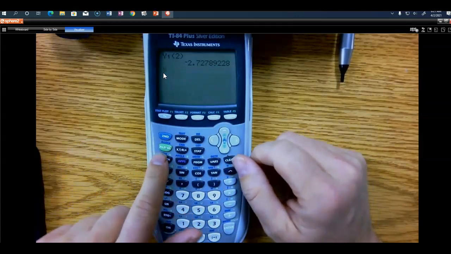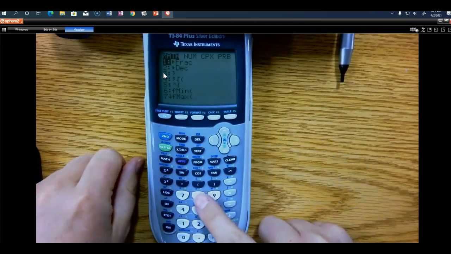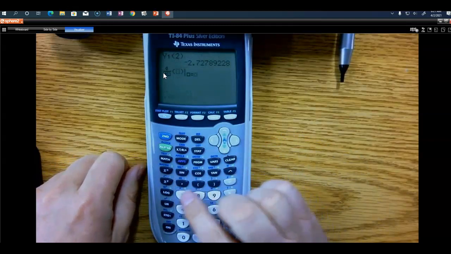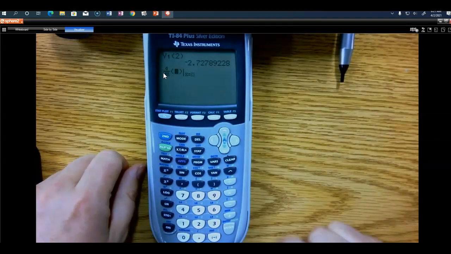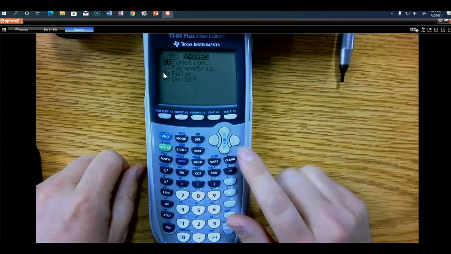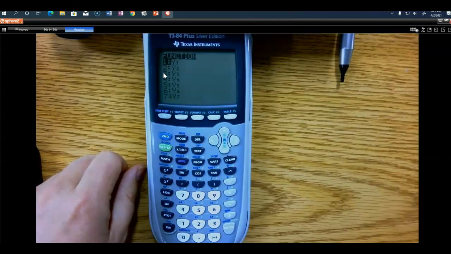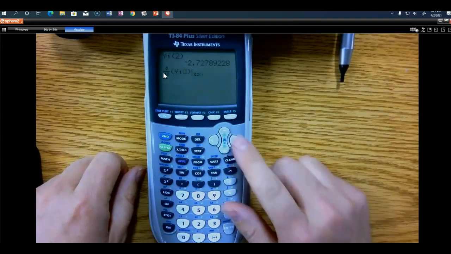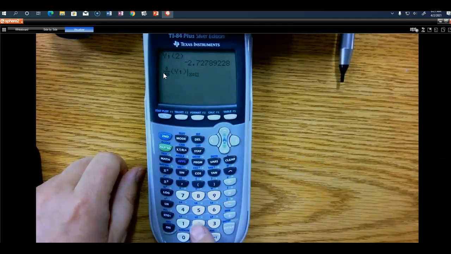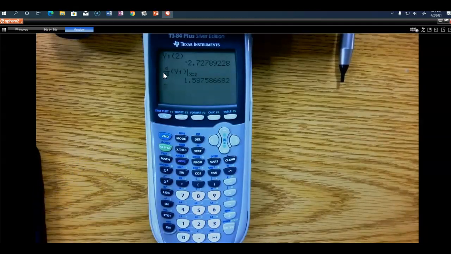How do you do derivatives on the calculator? You push math, you push 8. We're going to say we're finding the derivative with respect to x. We're going to put our function that I'm finding the derivative of in there, which is my velocity function, which I've stored under y1. And then I'm going to plug in the number here that I want to find the derivative of v at, which is 2. And we have our answer.